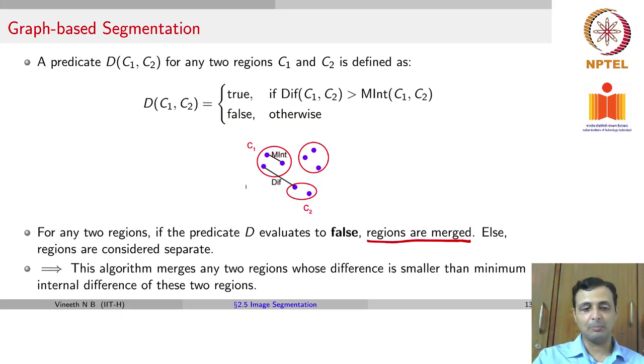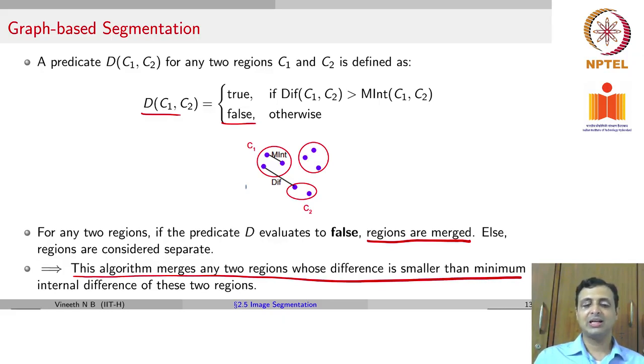Which means if this predicate turns out to be false, you know that diff is equal to or lesser than minimum internal difference, which means C2 is as close to C1 as the farthest separated pixels in C1. So you may as well merge C1 and C2. That's the main idea with this particular method. So to summarize, this algorithm merges any two regions whose difference is smaller than the minimum internal difference of these two regions.